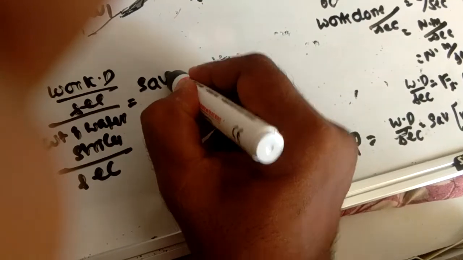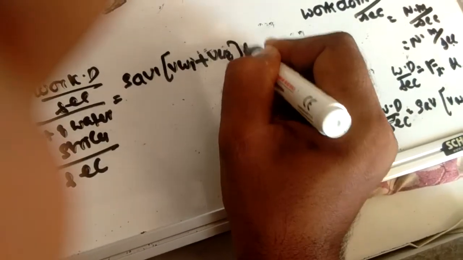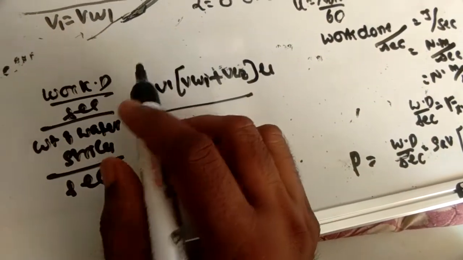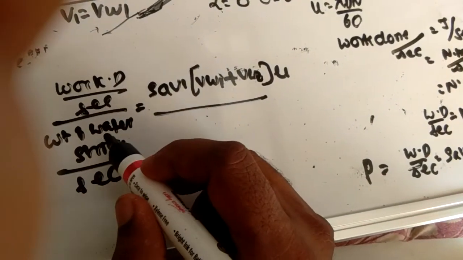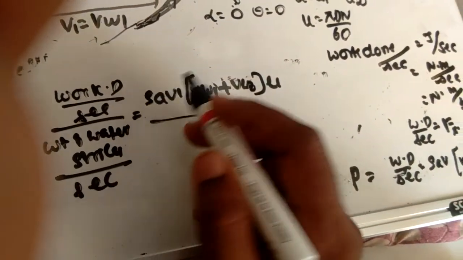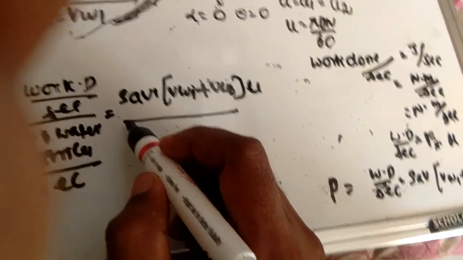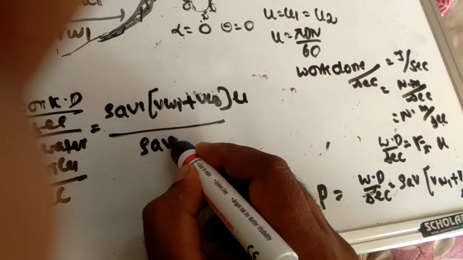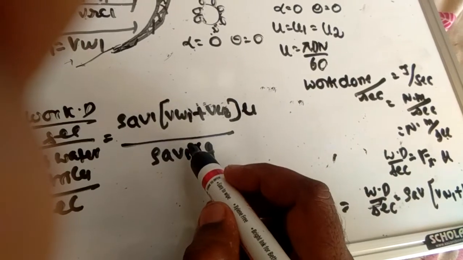We need to find the weight, so we need the mass flow rate of the jet. The mass flow rate is rho a V1, and if I multiply by g, it becomes the weight flow rate.